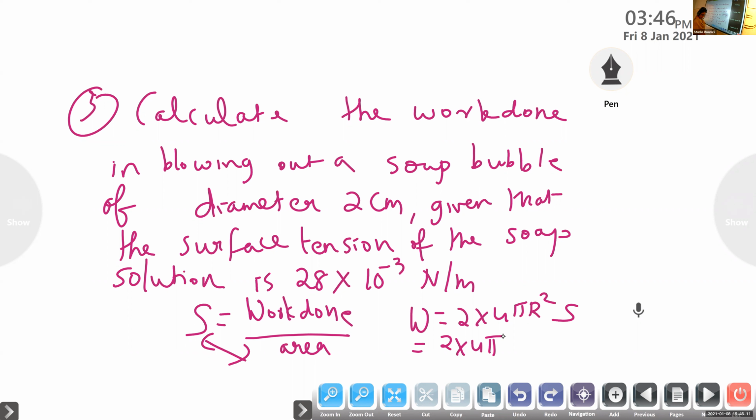The diameter is 2 centimeter, therefore the radius is going to be half of it, so you will get 1 centimeter. 1 centimeter is equal to 0.1, which you can just write as 0.1 square, into 28 into 10 to the power of minus 3.